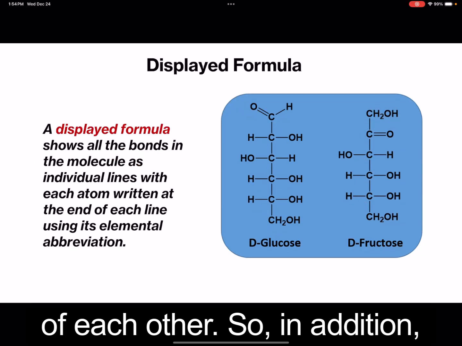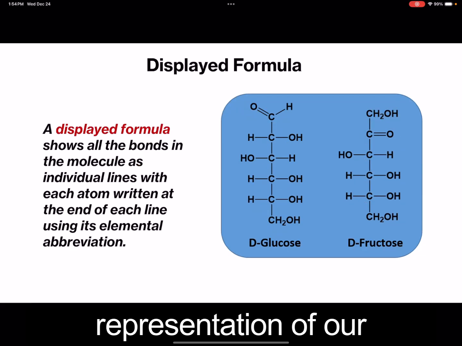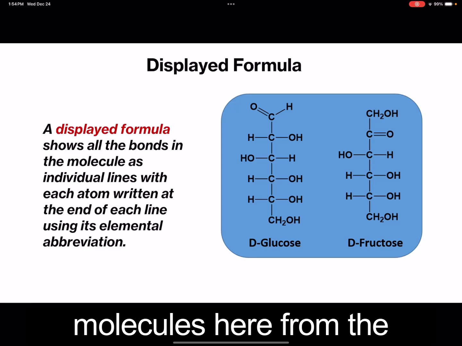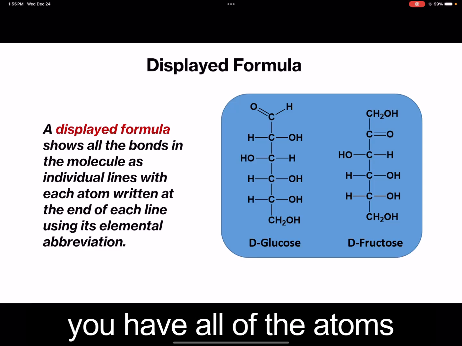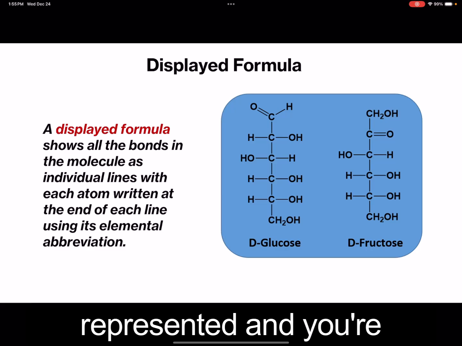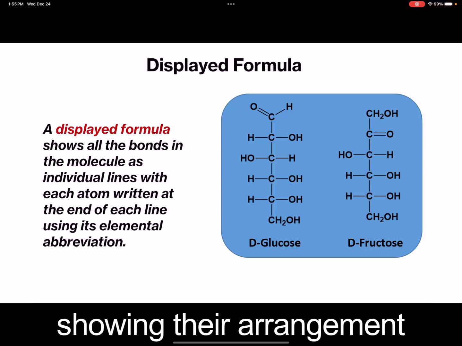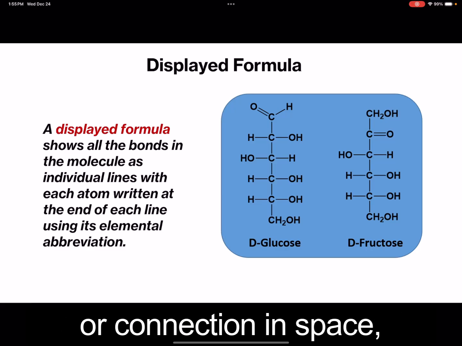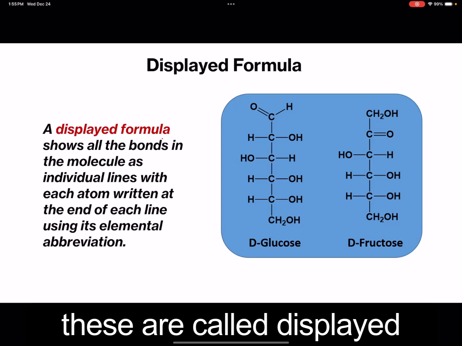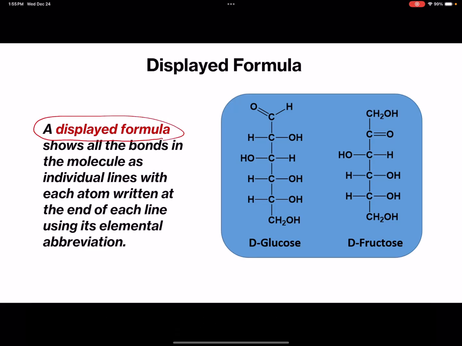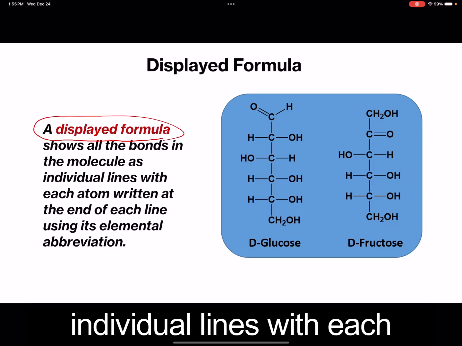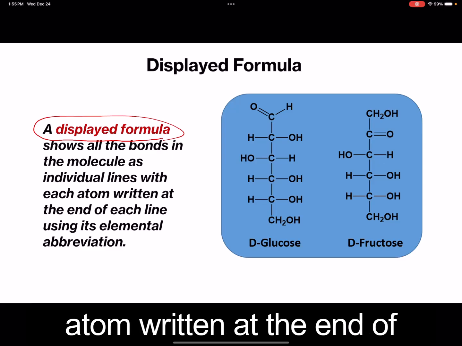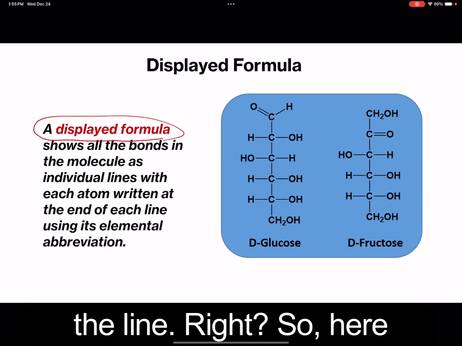So in addition, we can see another representation of our molecules here from the molecular formula. When you have all of the atoms represented and you're showing their arrangement or connection in space, these are called displayed formulas. So all of the bonds have individual lines with each atom written at the end of the line, right?